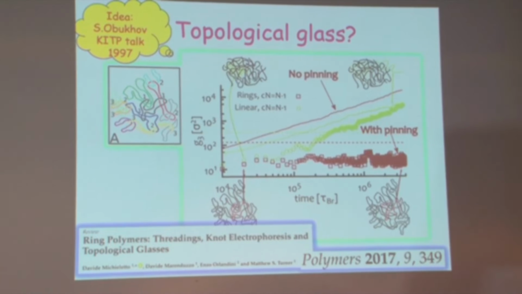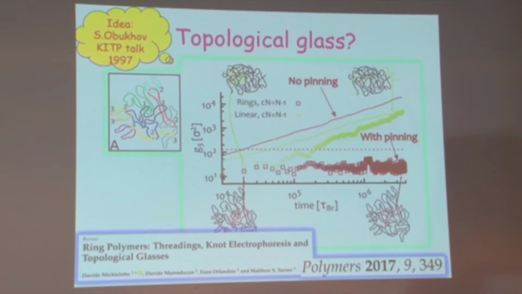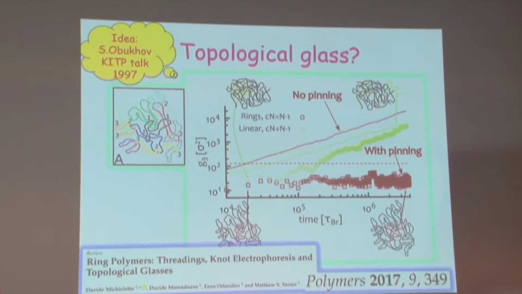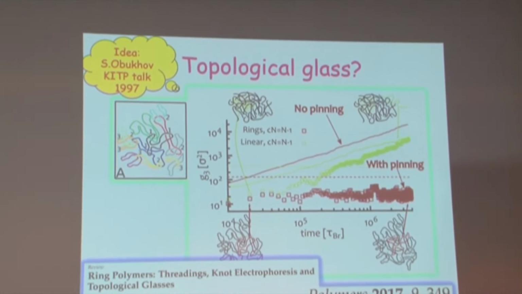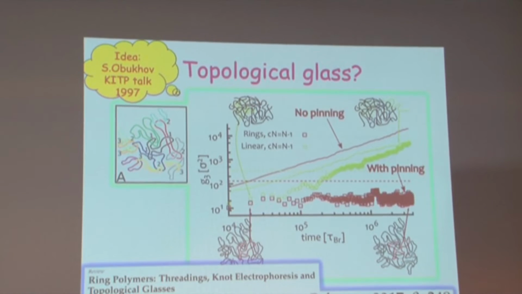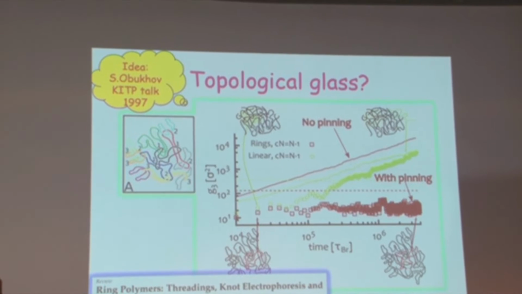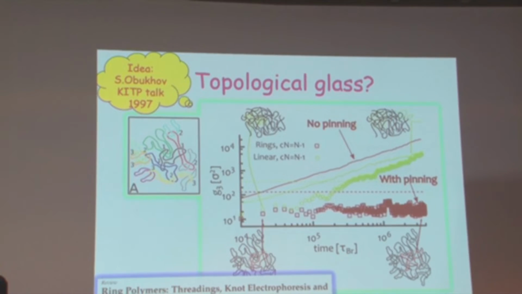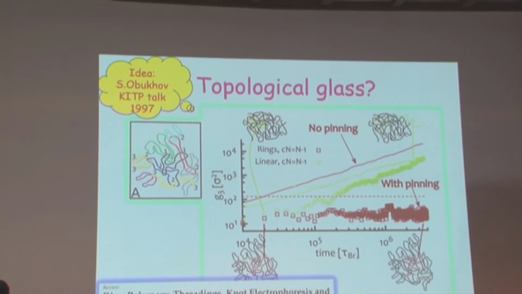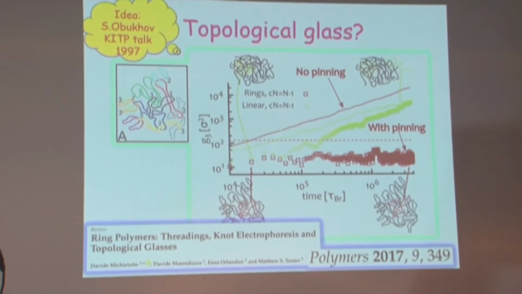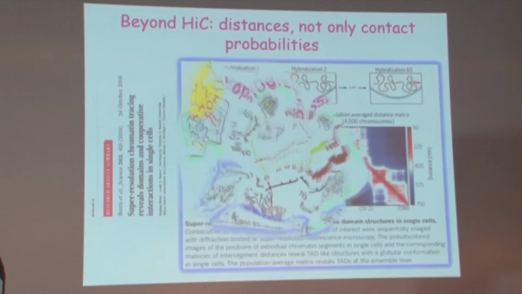We hope, when we buy a new sweater, that it will live long. So in this sense, some people, some of them are listed here. Matthew Turner is the leader of this group. They say there might be this glassy state related to penetration of the loops, and it's very much an open question.